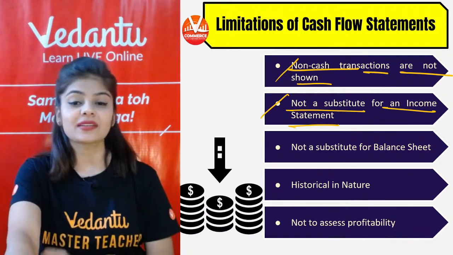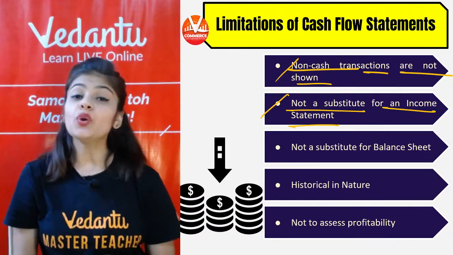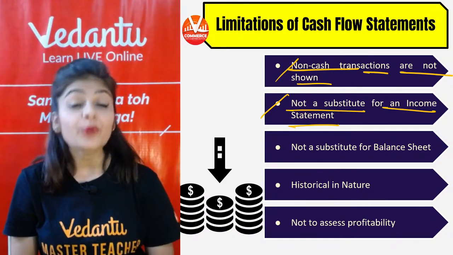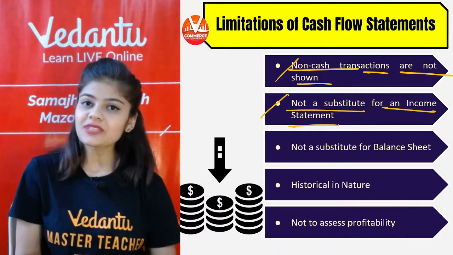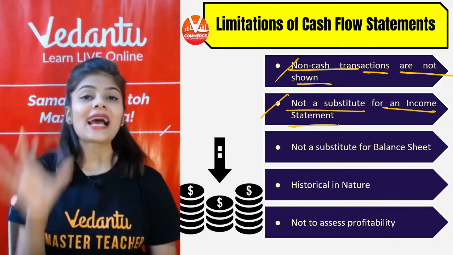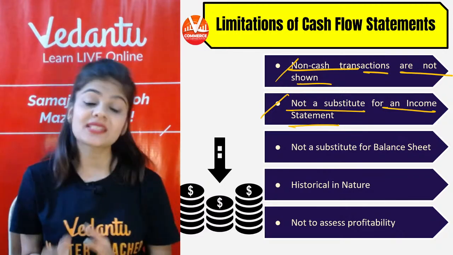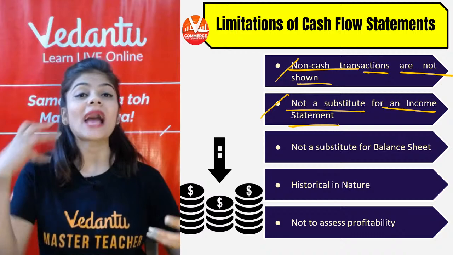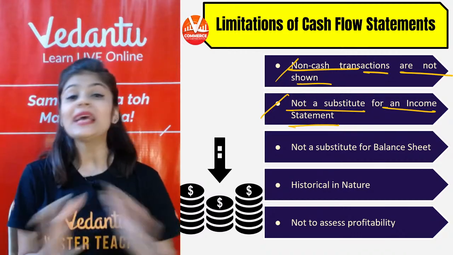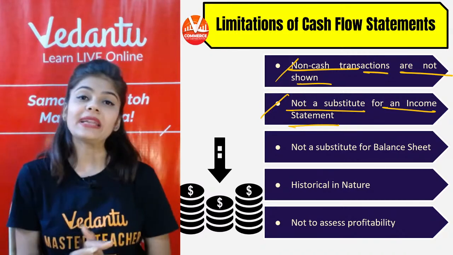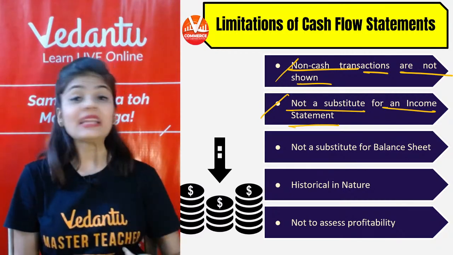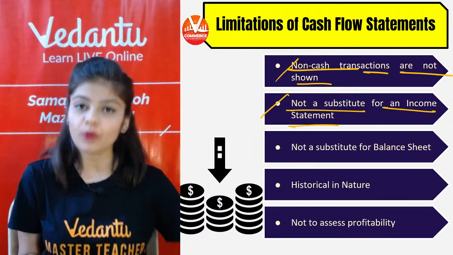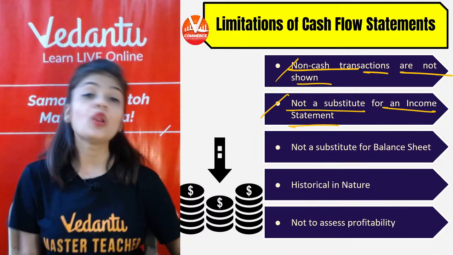And the last limitation is you cannot find out profit or earning capacity. As I have told you in the income statement point, cash flow statement is just a statement of cash inflow and cash outflow. With the help of this, we cannot find out the profitability and earning capacity. You cannot find out how much profit or loss you have made.